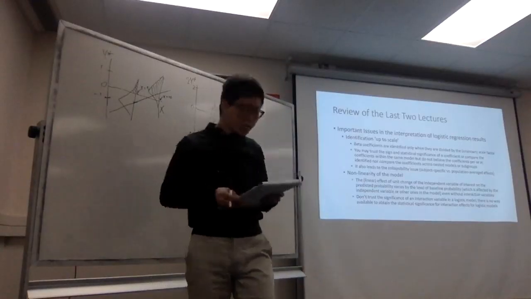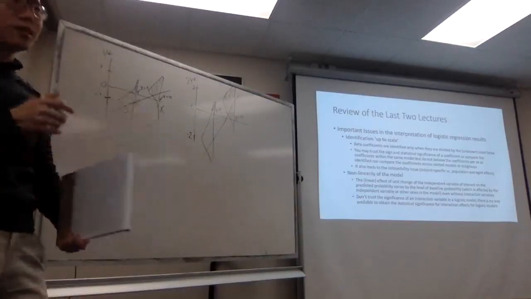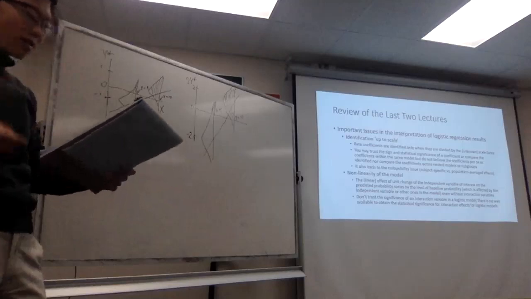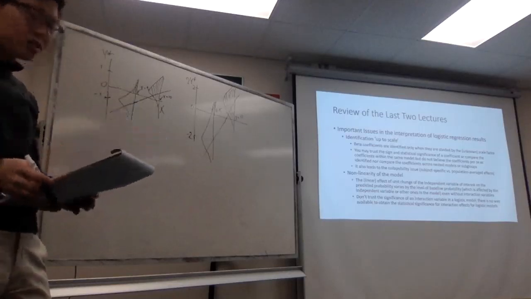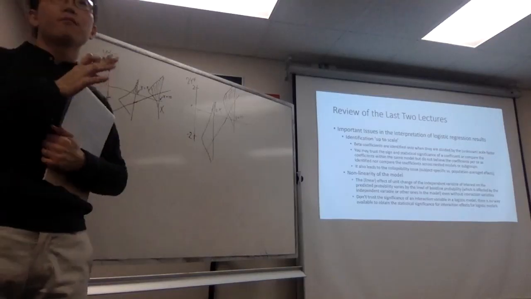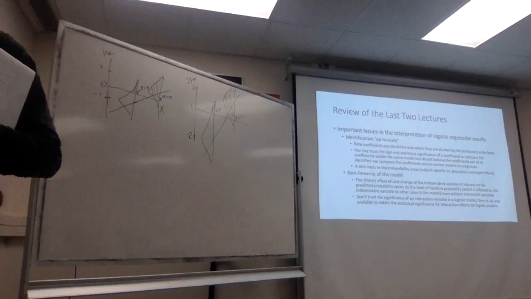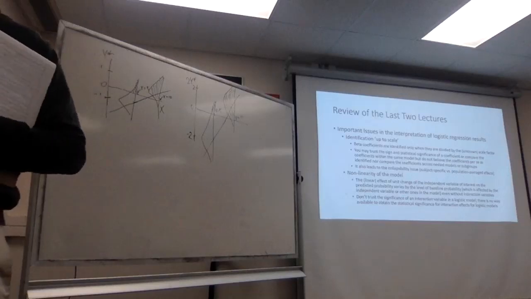So it means that the estimated effects of logistic regression are non-collapsible, meaning that the effect size on average is not the same as the effect size for a person.